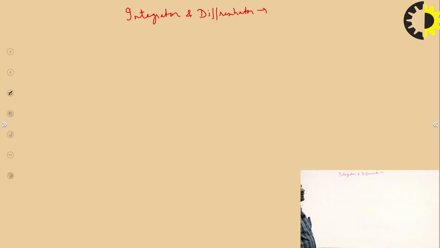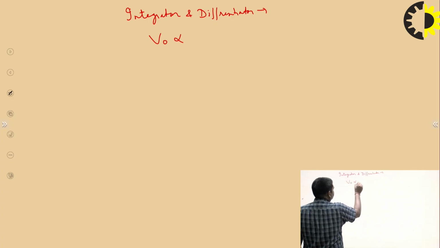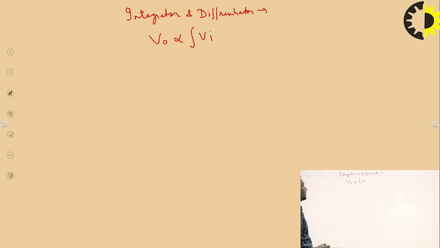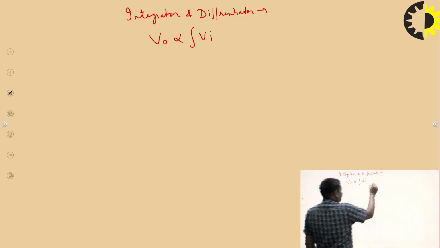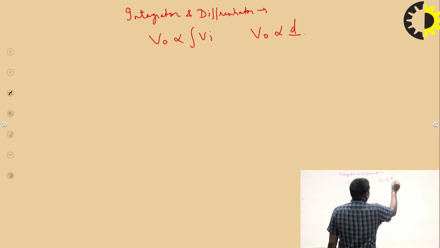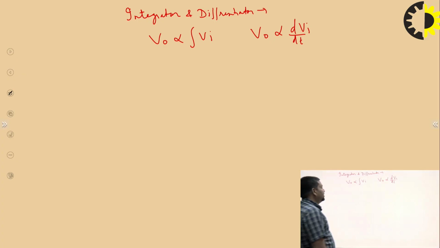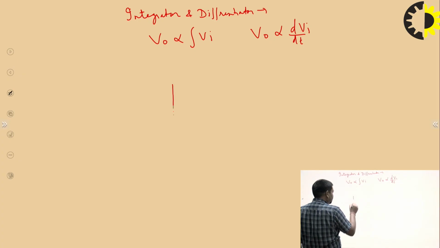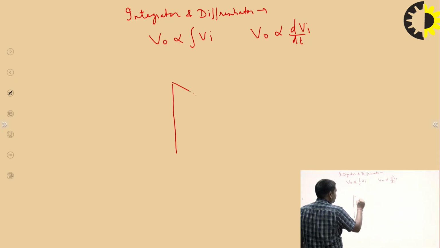If we want the output to be the integral of the input voltage, that means V0 is proportional to the integral of Vi, then such a circuit is called an integrator. And if the output voltage is proportional to the differentiation of the input voltage, such a circuit is called a differentiator circuit. First we introduce the integrator circuit, then the differentiator circuit.